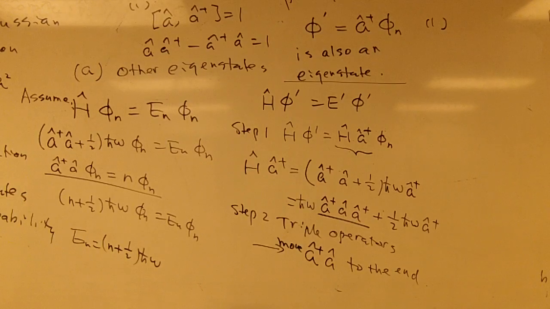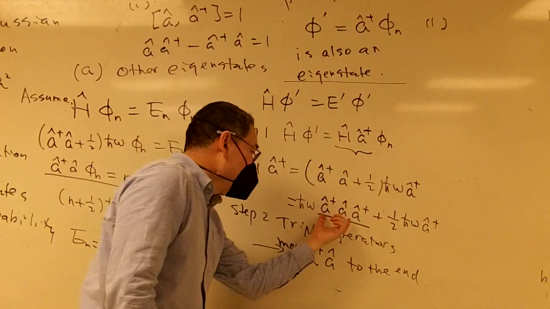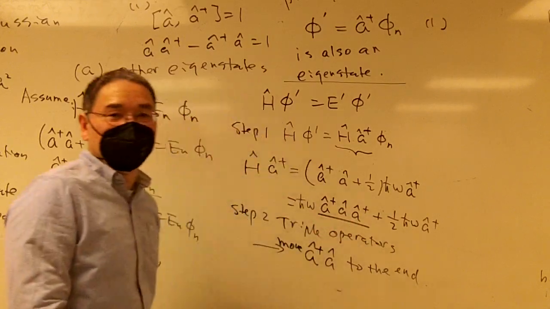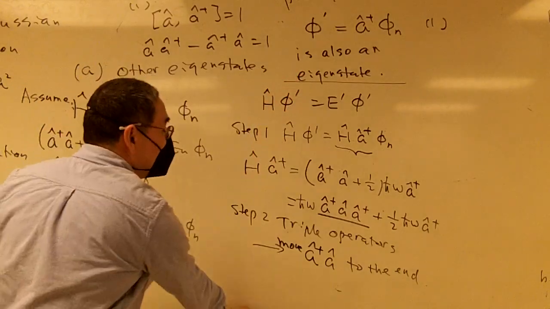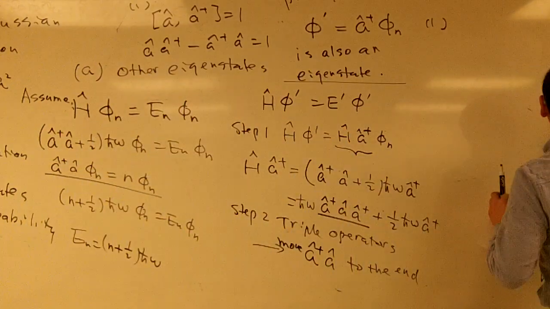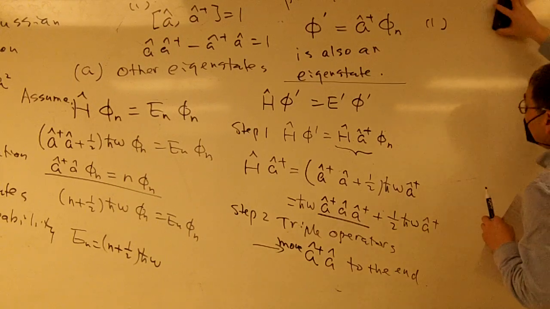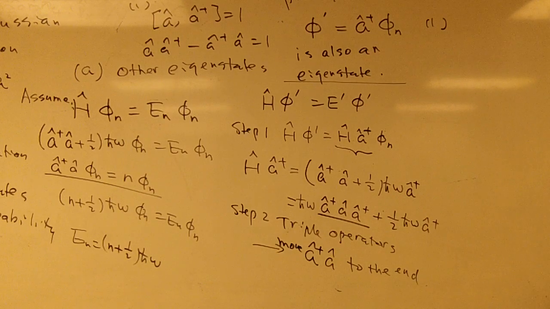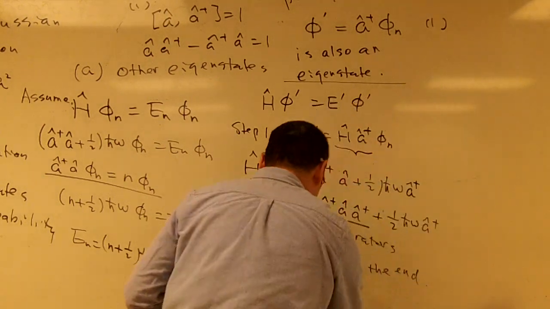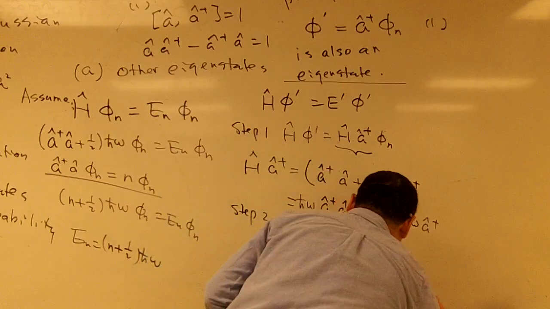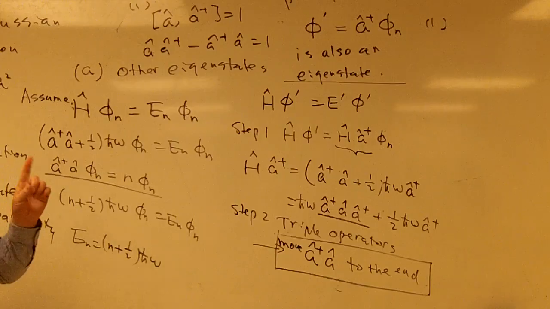In the second step, within these triple operators, we're going to move a dagger a to the end, and I'm going to show you in the next part. This is the most critical point. In other words, we always move this a dagger a to the end. So this is our job.